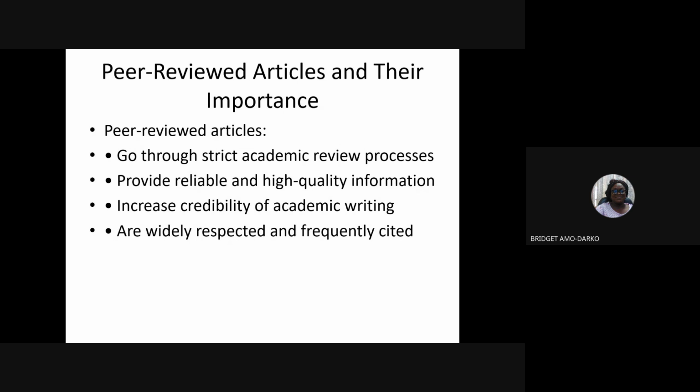So when you are writing your research paper, academic paper or seminar paper, you have to look for these peer-reviewed articles. And these peer-reviewed articles can be found in high-impact journals. So you look out for all these things in order to make your work credible and scholarly.